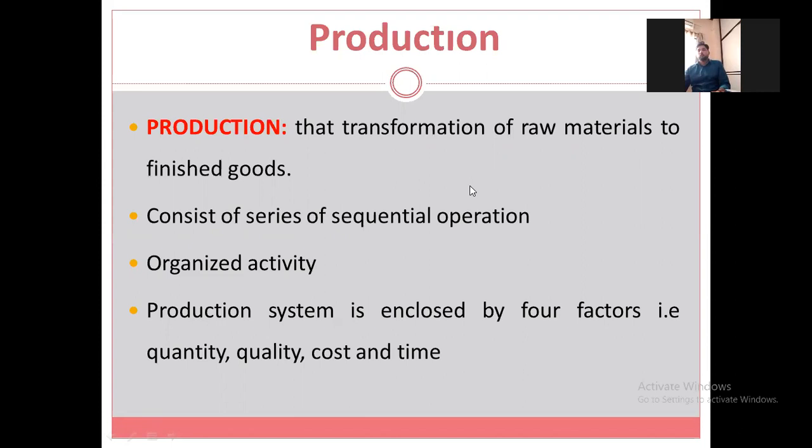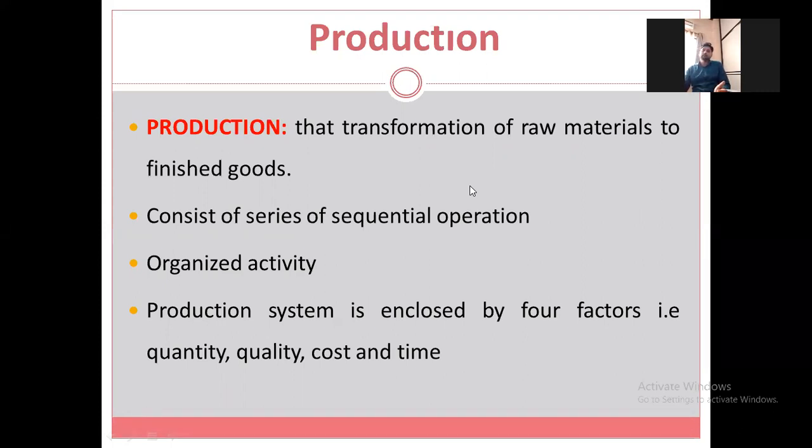Now, who can produce the goods? There should be an institute, an organization, or a production system required to produce the goods. And what is the ultimate goal of any production system, of production management? One is the right quantity.